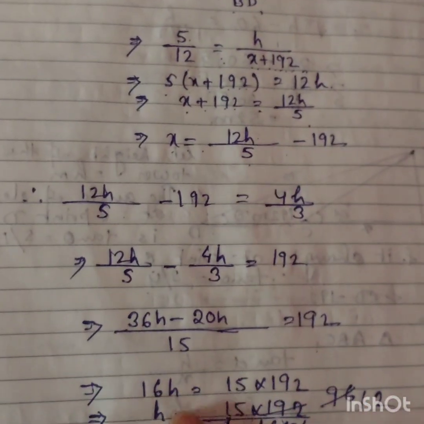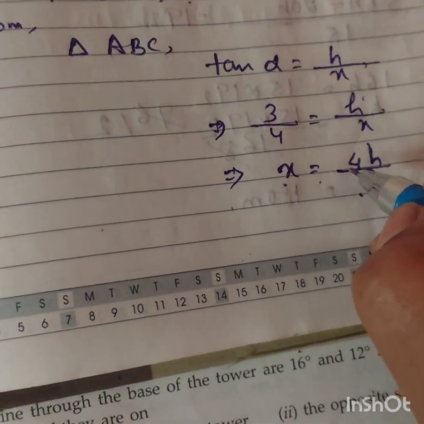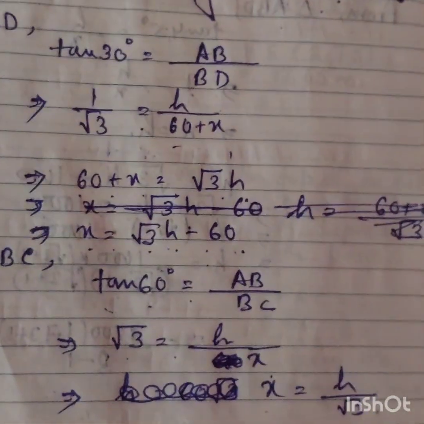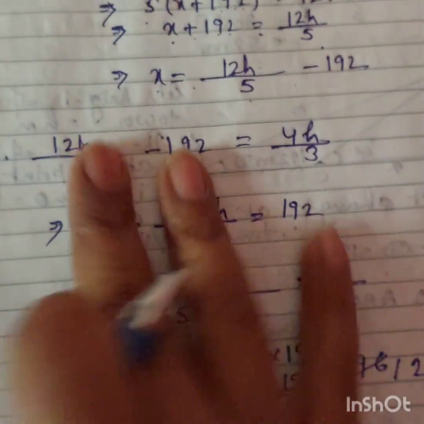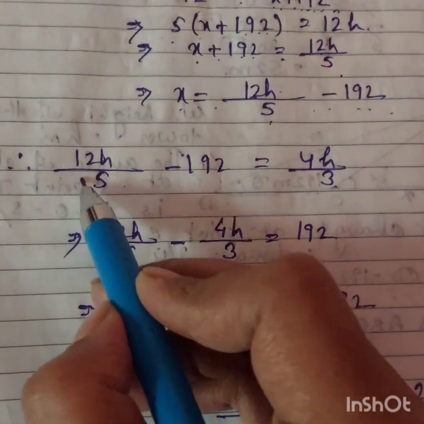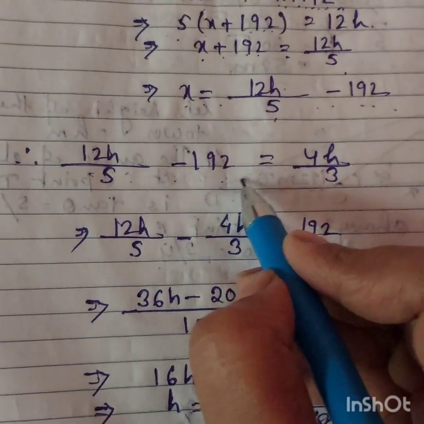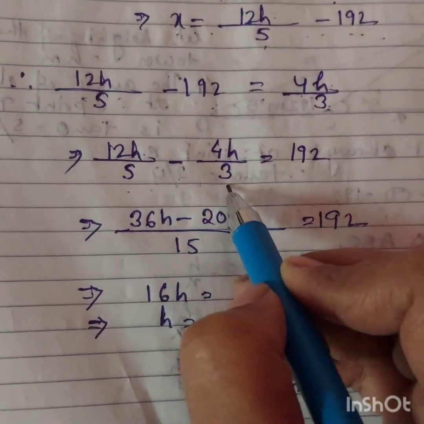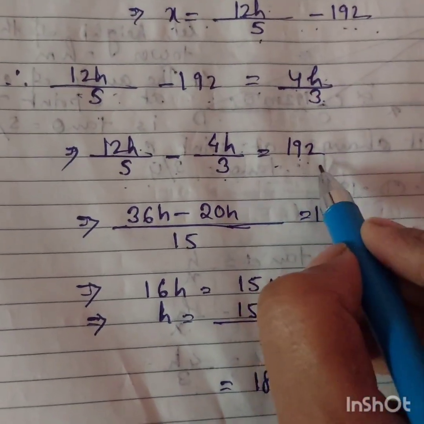Now equate the values of x, 4h by 3 and 12h by 5 minus 132. So 12h by 5 minus 4h by 3 is equal to 132.